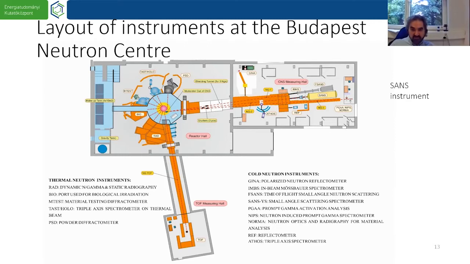And this plutonium source gives impulses of neutrons at every rotation of the wheel. So it is somehow in between the continuous reactor source and the accelerator-based spallation source.